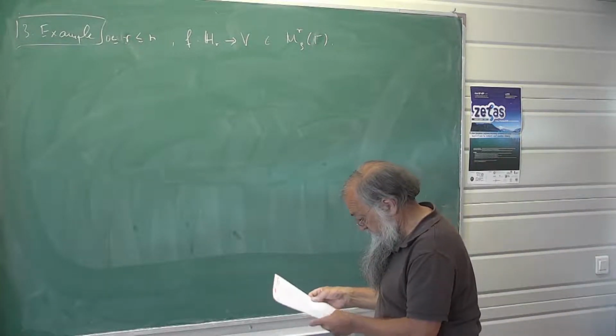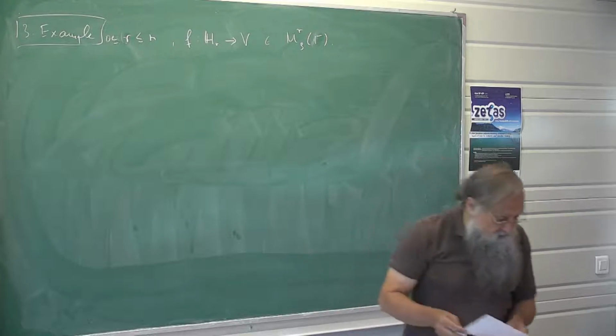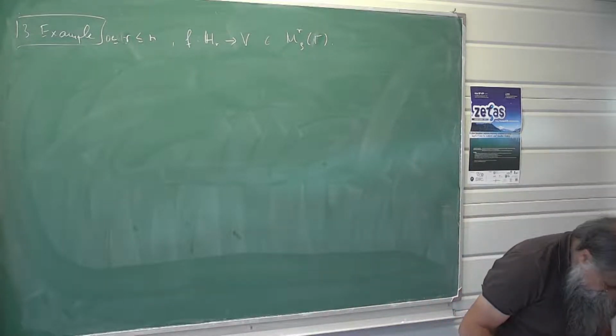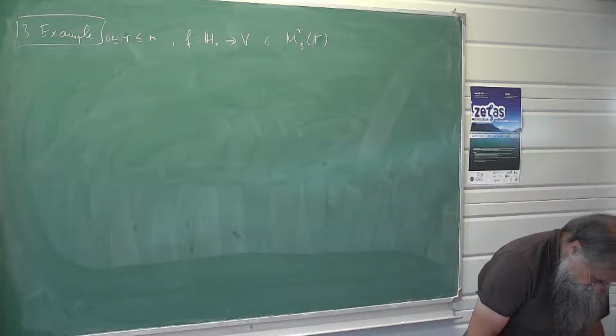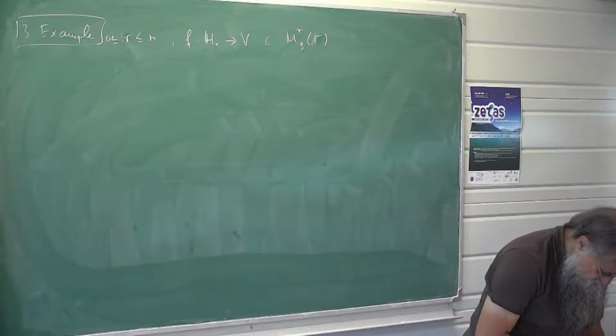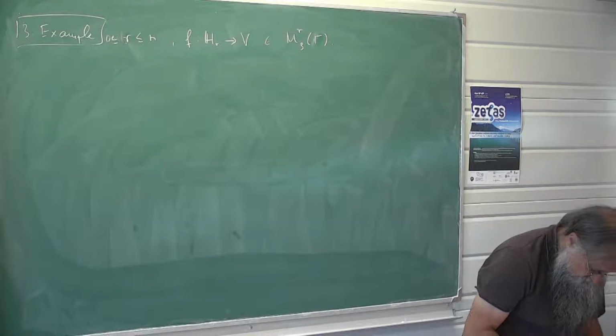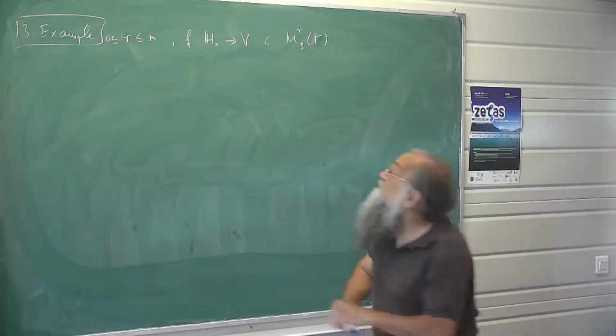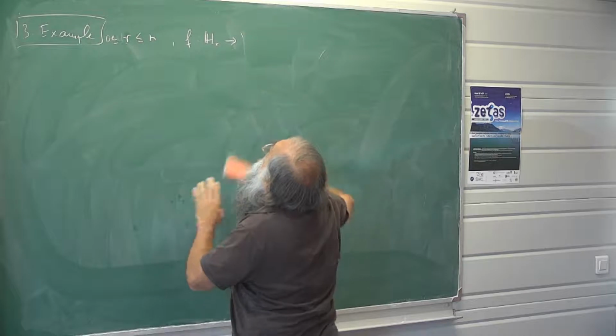Let me see whether I start with vector valued right away, or do I first maybe do it for the scalar valued case first.